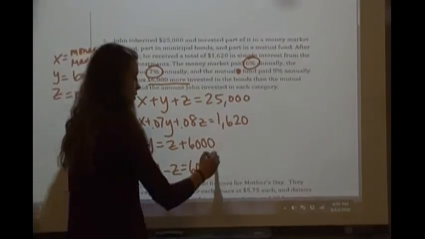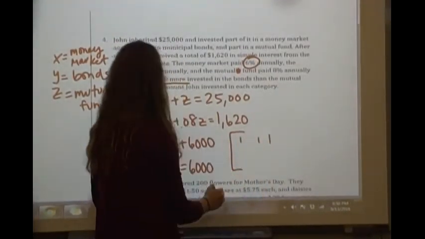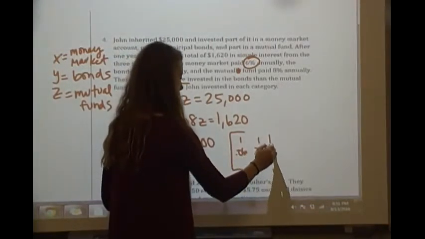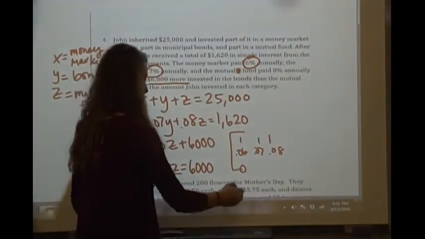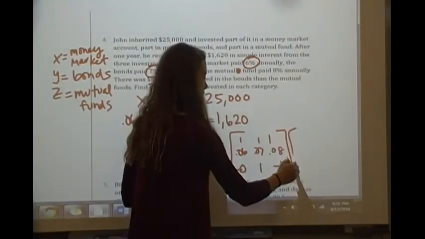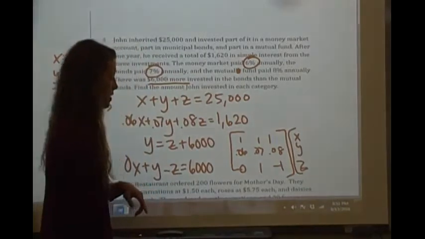And so I can write my coefficient matrix. So when I write my coefficient matrix, I'll end up with 1, 1, 1, 0.06, 0.07, and 0.08, and 0, 1, and negative 1. Then my variables were just x, y, and z. That's a terrible z.